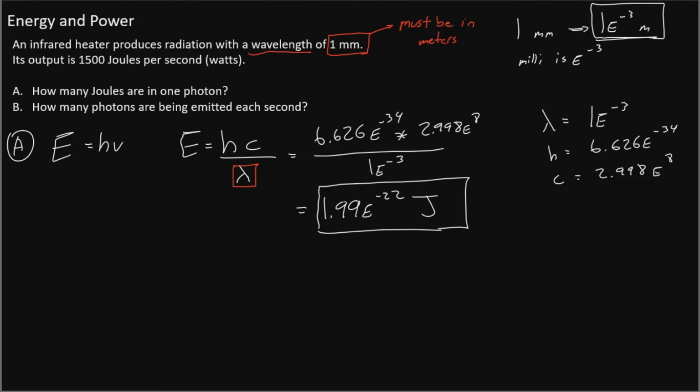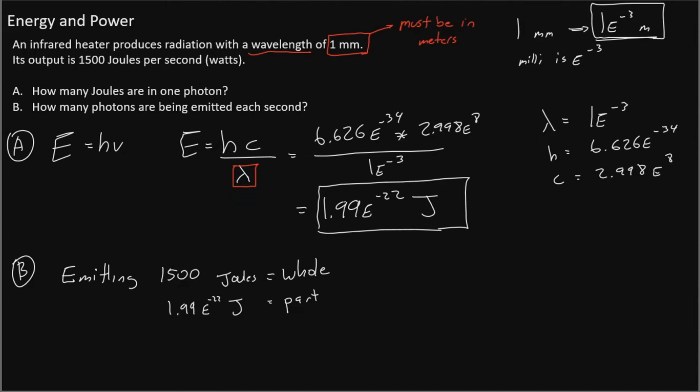Now, question B asks, how many photons are being emitted each second? So we are emitting 1500 joules every second. This is going to be our whole. However, we can say that our parts that we are emitting are these photons that we found out about in part A. Those parts have 1.99 times 10 to the negative 22 joules.